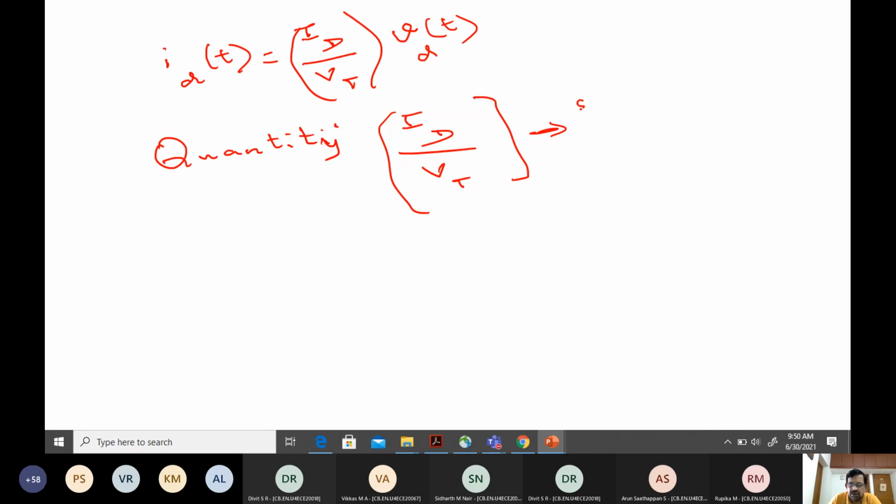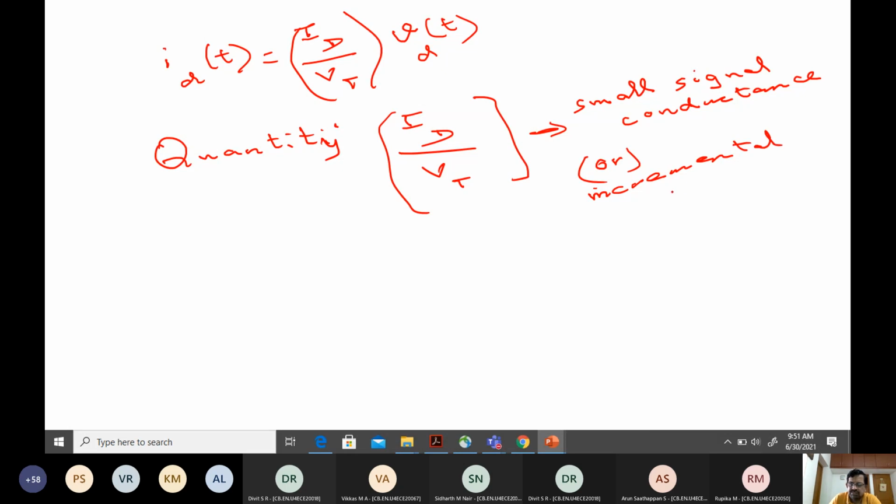So you call it the small signal conductance, or incremental conductance. Addition of increments is always like that. Don't we say we get an increment in our salary? That means a small rise in the salary. That's it. So incremental conductance.